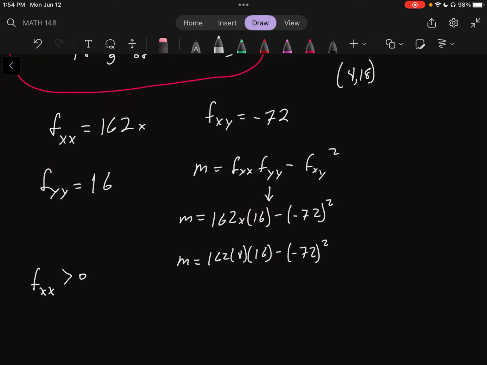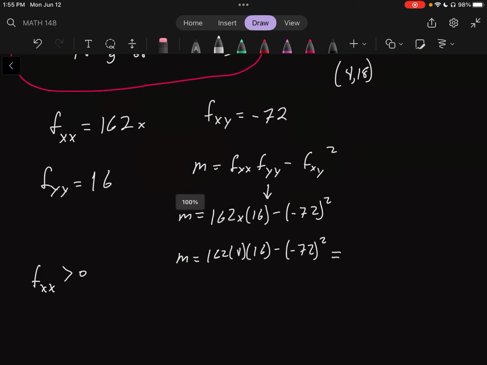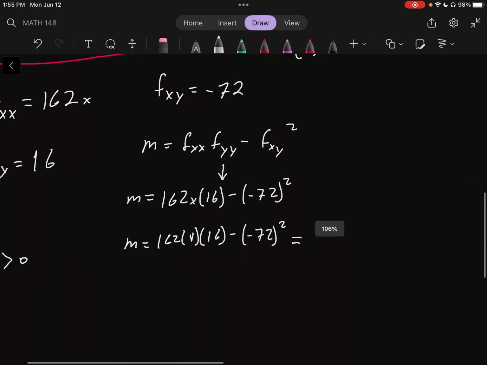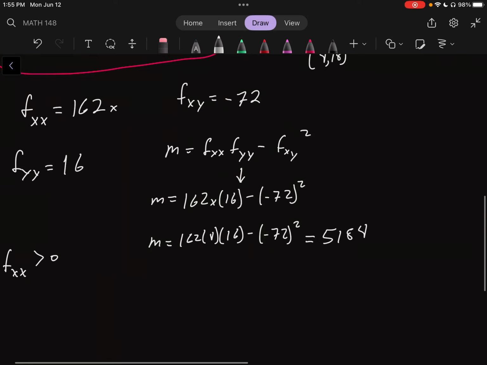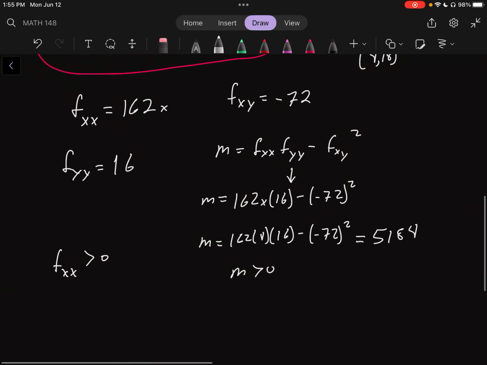72 squared. This is equal to, let's plug this into Desmos, 162 multiplied by 4 multiplied by 16 minus negative 72 squared is 5,184. So m is greater than 0.